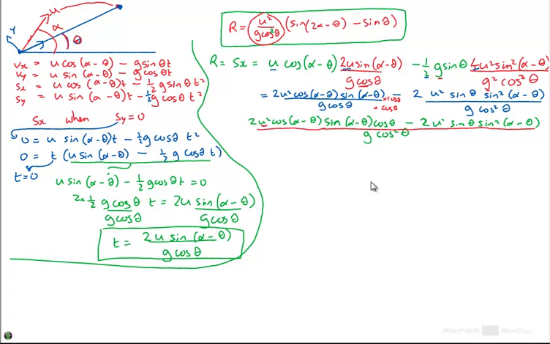So I'd probably factorize them out just to show that we're at least getting somewhere with this answer, which will be equal to u squared over g cos squared theta times 2 cos alpha minus theta sine alpha minus theta cos theta minus 2 sine theta sine squared alpha minus theta.